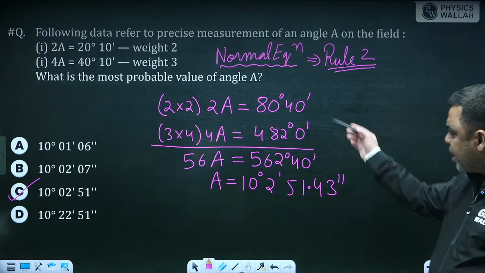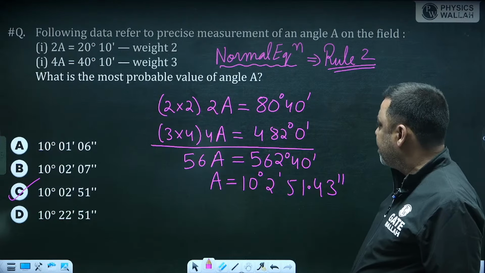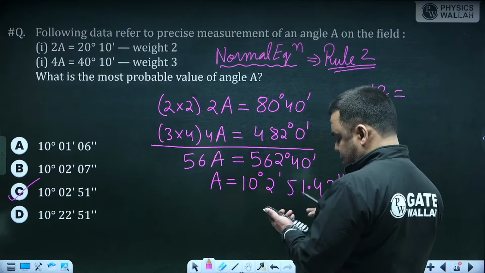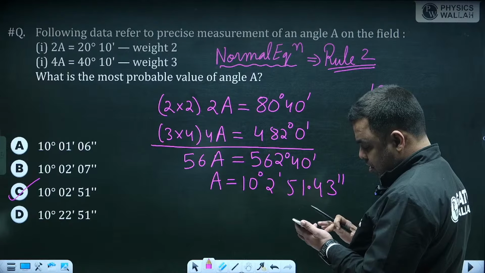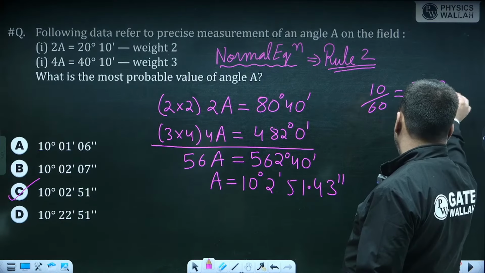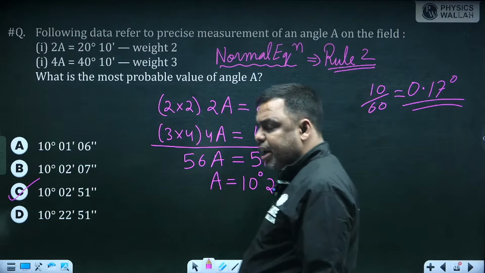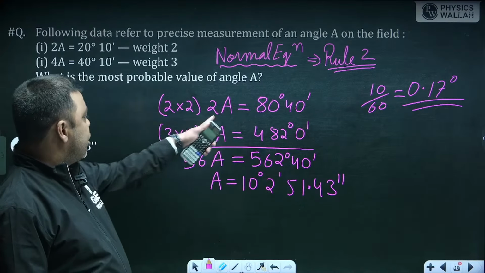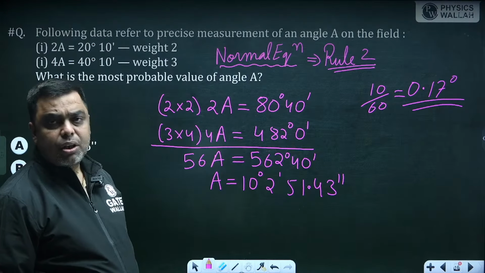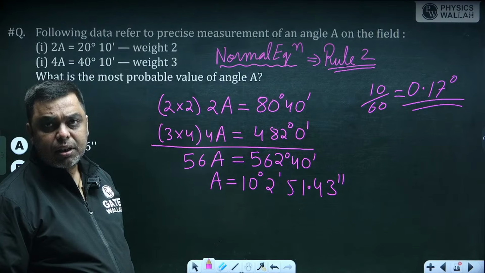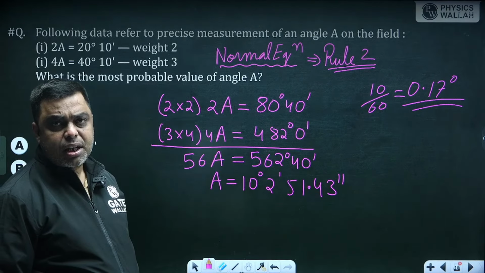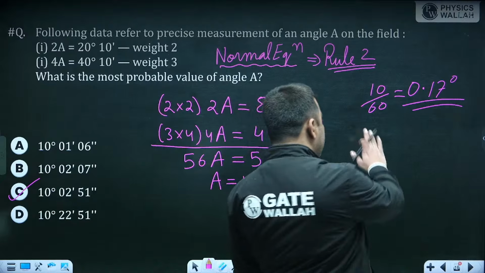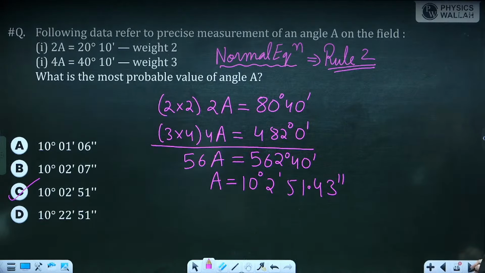Now, in this question, you can convert this 40 divided by 60. This is 10 minutes, right? So 10 divided by 60, you can write this as 0.17 degree. Or you can manually also multiply this. Vinuji, got the answer? Because you don't have degree facility over there, we cannot do much about it.